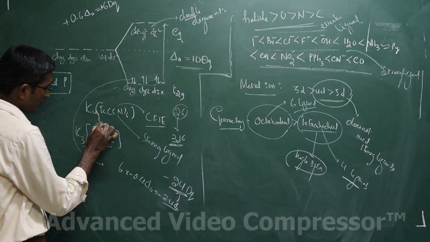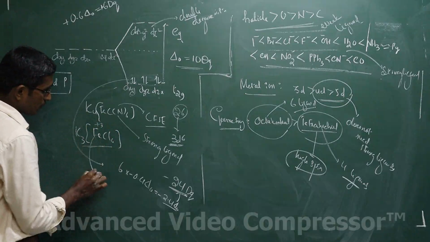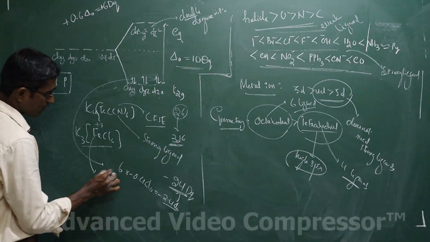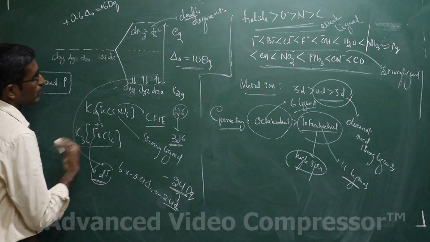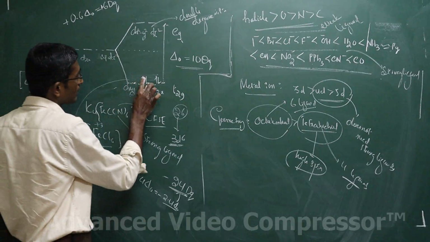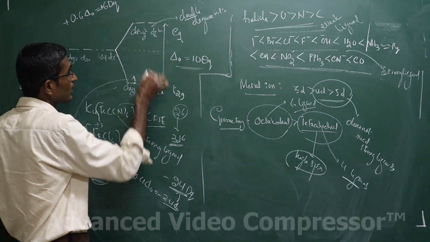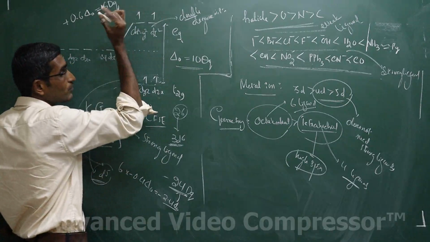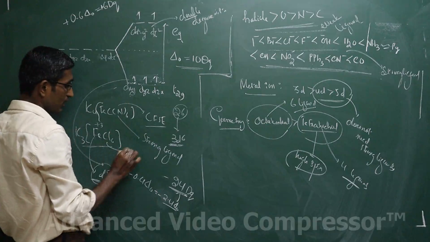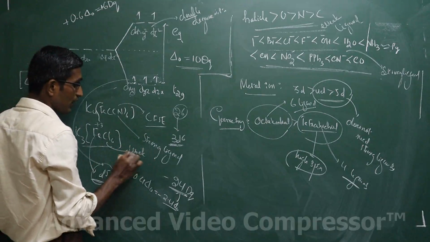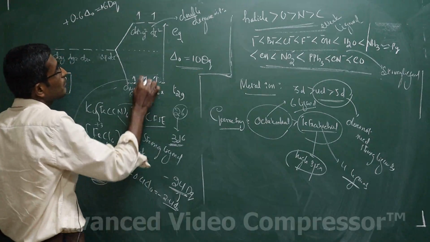Whereas the CFSE for this, let us quickly calculate, students. This is a plus 3 complex, Fe3+. That means a d5 system. How many electrons do you have? 5 electrons. 1, 2, 3. The fourth electron will go here, and the fifth electron will also be positioned here. Why? The ligand is a weak ligand. The halide ion ligand is a weak ligand, so the electrons will position up.